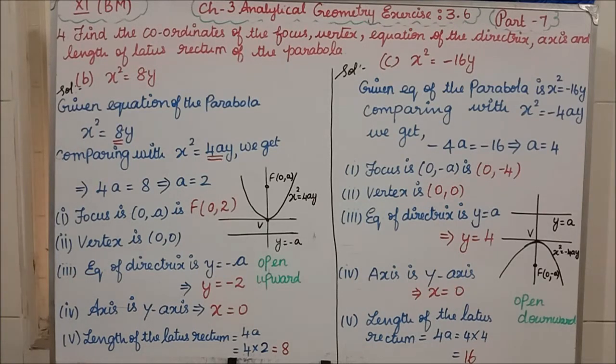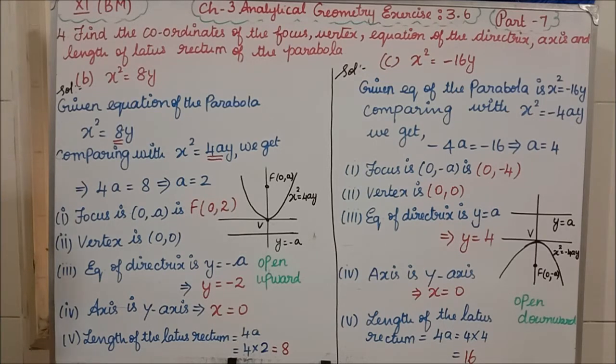Find the coordinates of the focus, vertex, equation of the directrix, axis and length of the latus rectum of the parabola. Students, the equation of the parabola is given directly. By directly I mean x square equal to 4ay, x square equal to minus 4ay, y square equal to 4ax, y square equal to minus 4ax, the general form is given directly. But in the previous problem, they gave the equation of the parabola and from that we converted it into y square equal to 4ax or y square equal to minus 4ax.